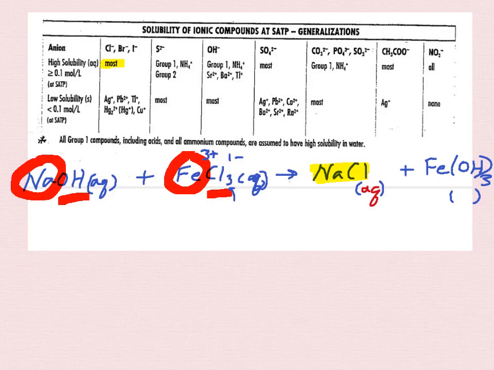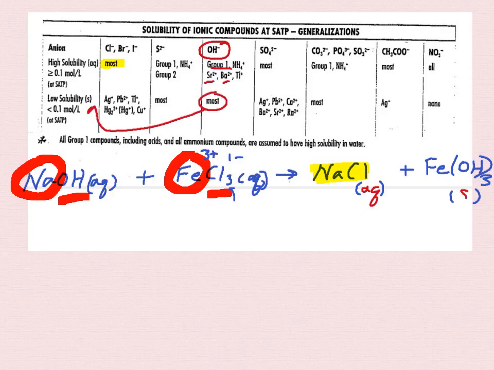Now the iron hydroxide, this column states that a group 1 metal, so like the lithium or your potassium or your sodium, they would all be soluble. The ammoniums, of course, would be soluble, and so would a strontium hydroxide and a barium hydroxide. Everything else will be down here, what we consider low solubility or a precipitate.